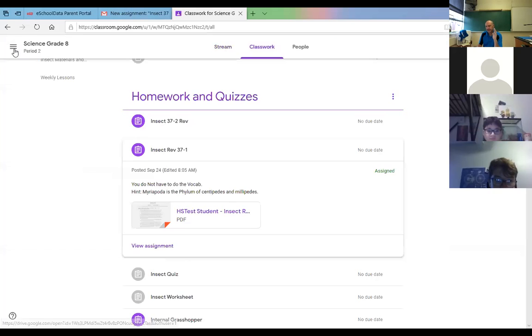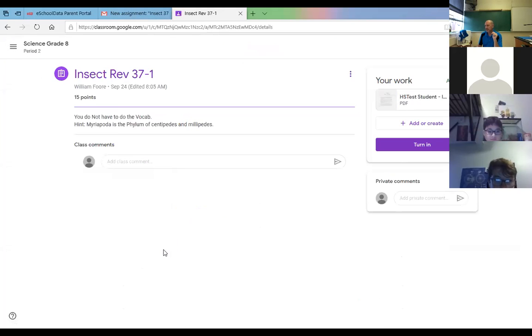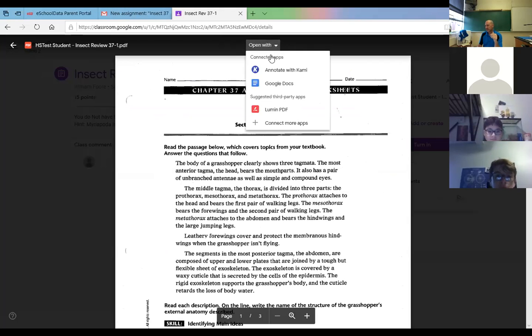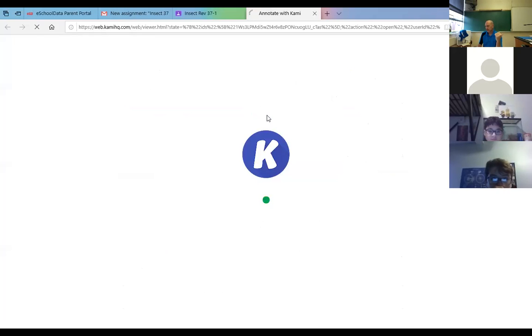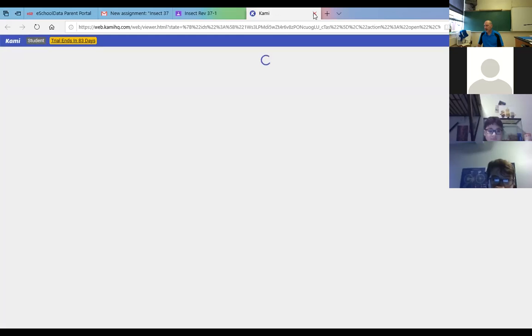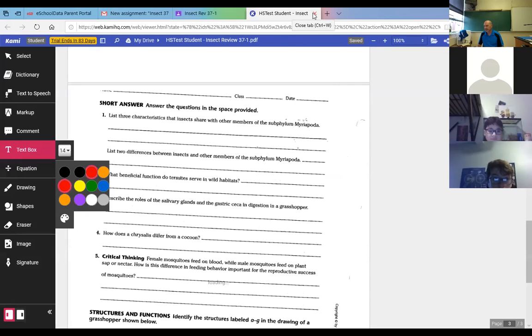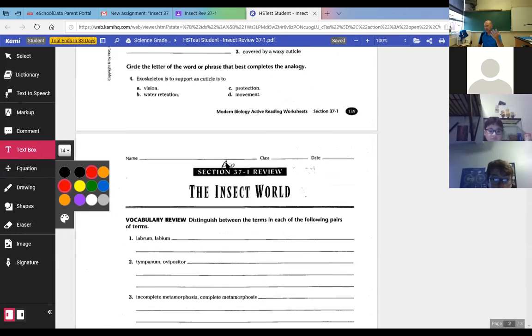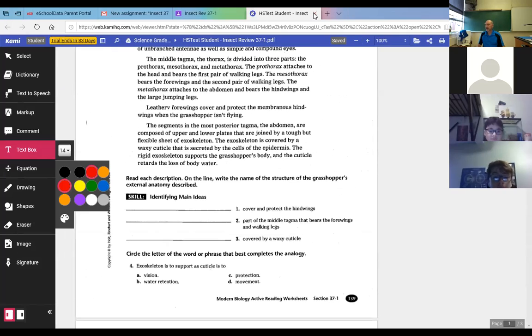You have to go here, view assignment, then you do it. And now for some reason, when you open it, it works. So it's just one more step. It is what it is. So here's where we're going to do this.